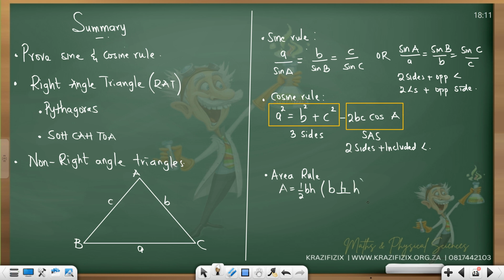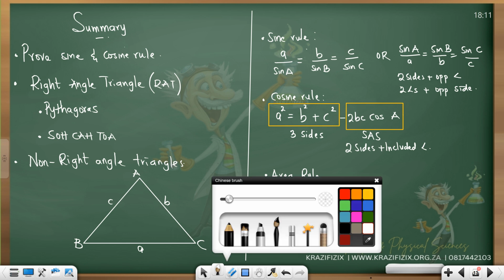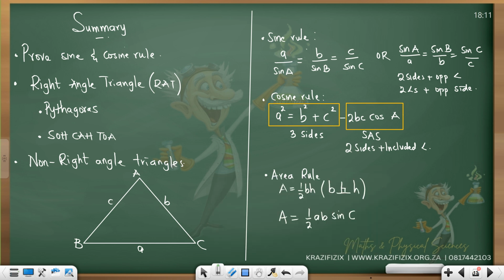That's very important. But otherwise, area can be written as what? Half AB sine of what? C. And again, if you quickly investigate on the letters small a, small b, and c, small a, small b, and angle in between them.